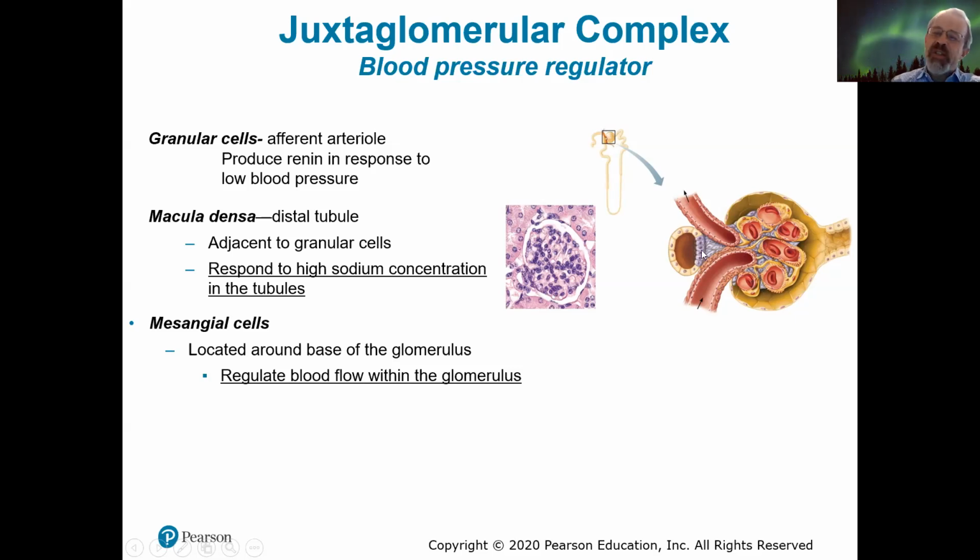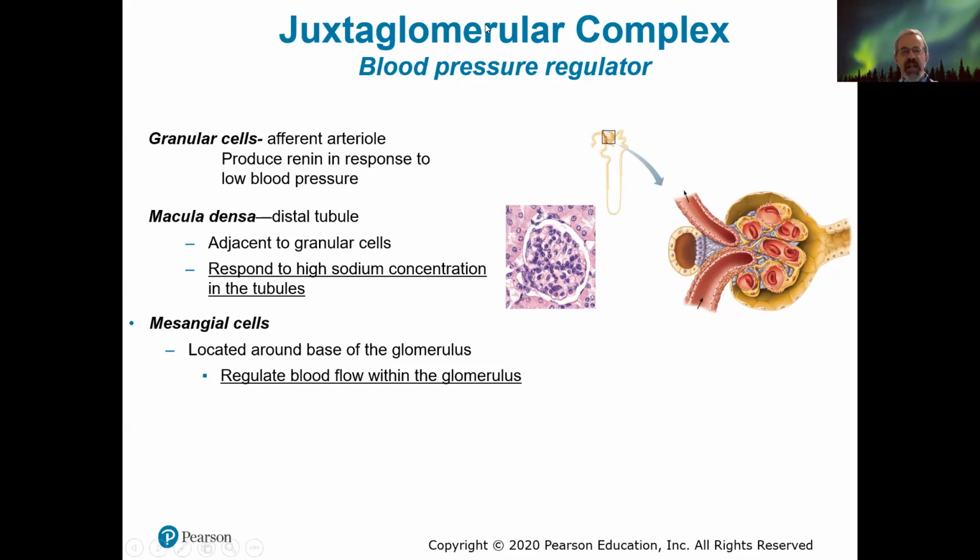I'm not going to have any pictures asking you to identify where they are, but you should know there are 3 groups of cells found in the kidney that make up the juxtaglomerular complex. These cells all play a very important role in maintaining blood pressure.